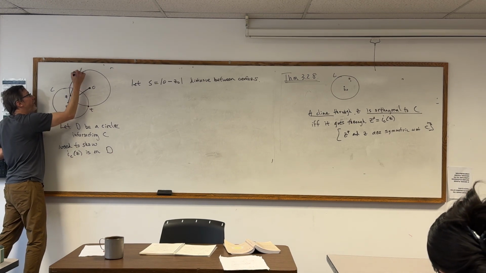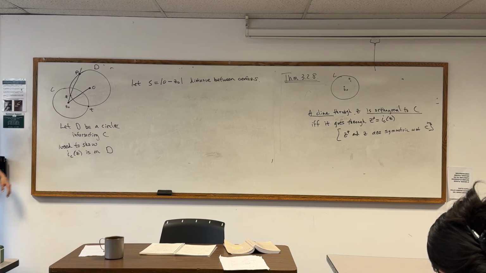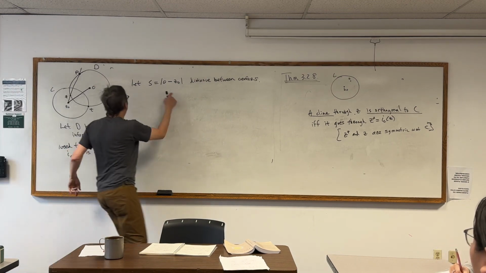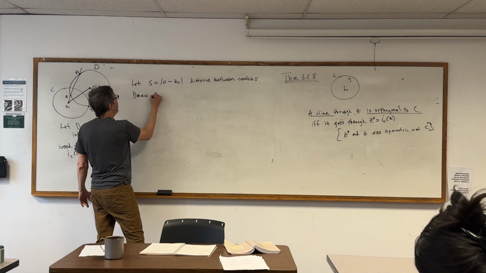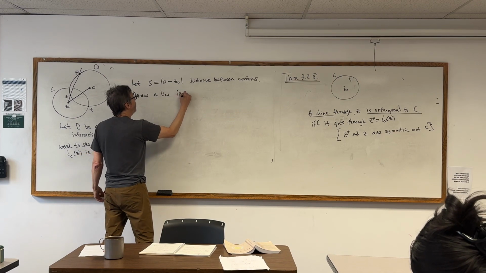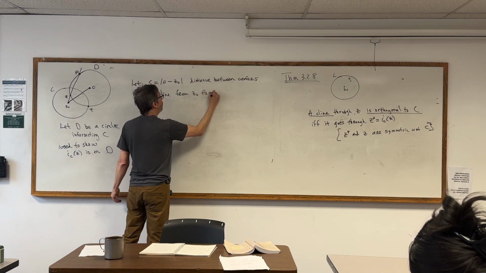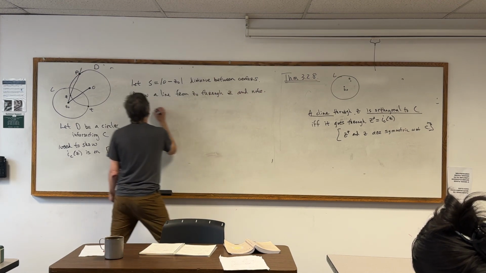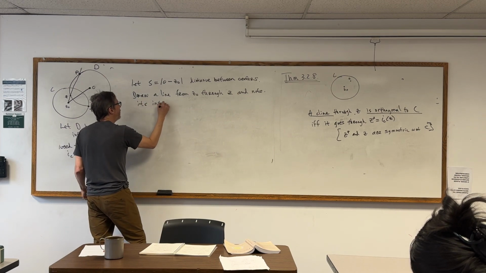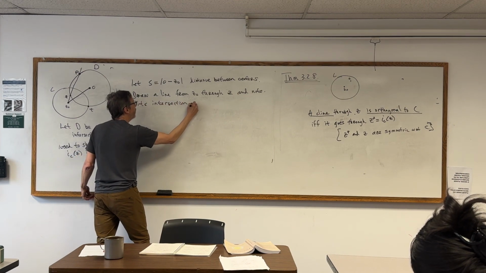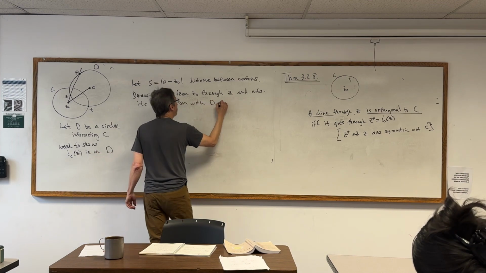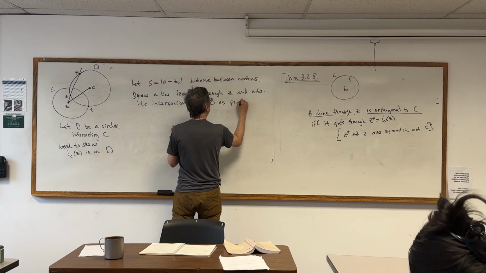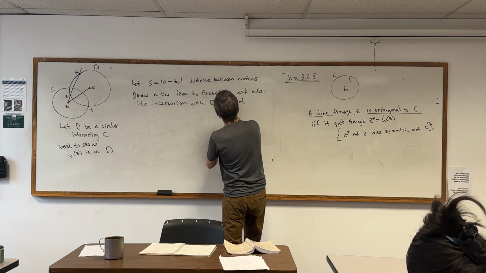Let's call that point P. My goal is to show that P is the inversion of Z. So let's draw a line from Z naught through Z, and note its intersection with D as point P.